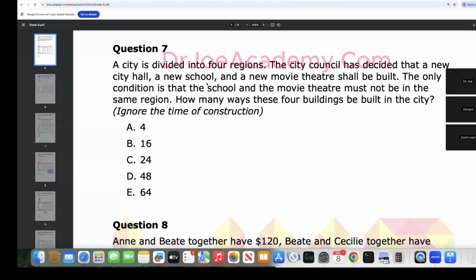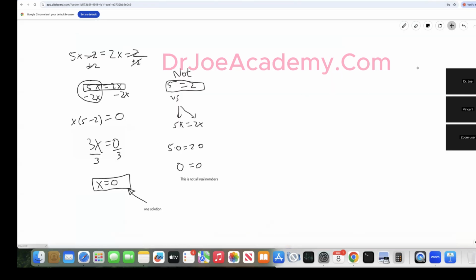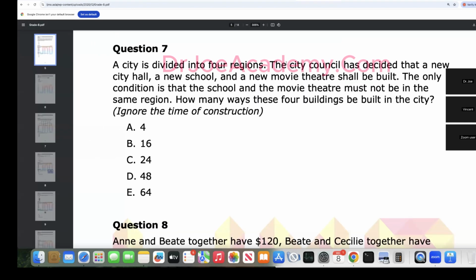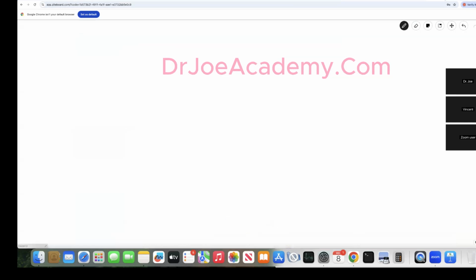So if we said that each stage of the tree was the building, right? So the school and the movie theater can't be built in the same region. So let's just start with City Hall to simplify things, right? Right. City Hall can be in one of four regions, right? Right.